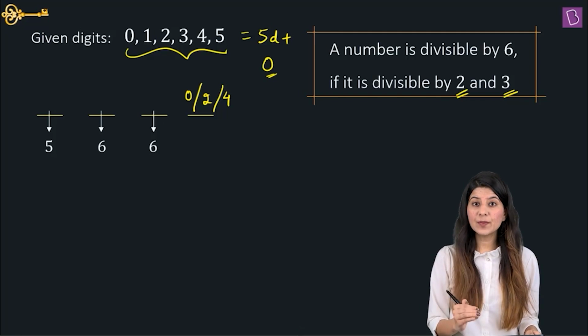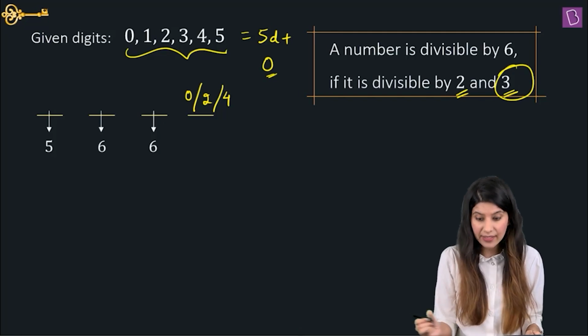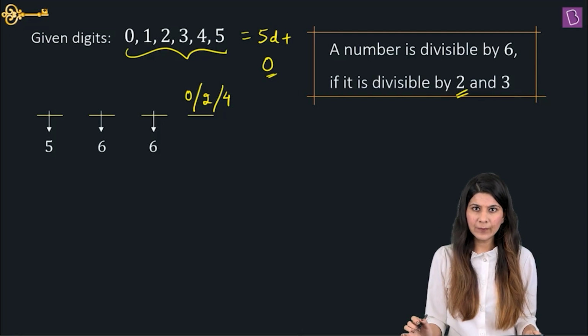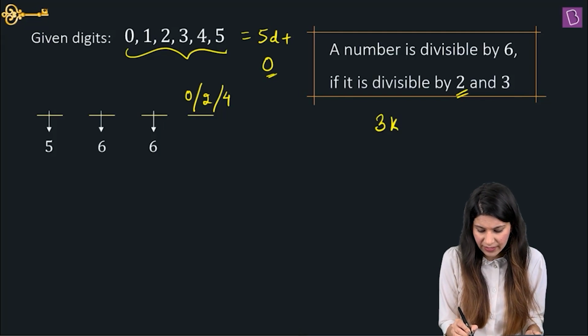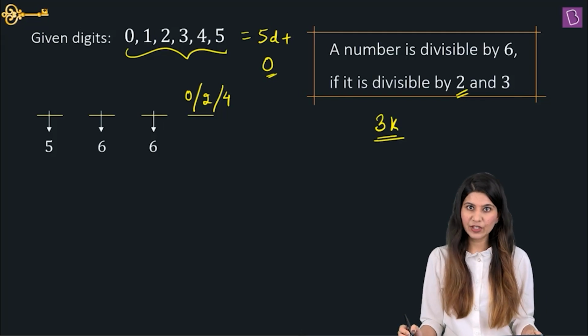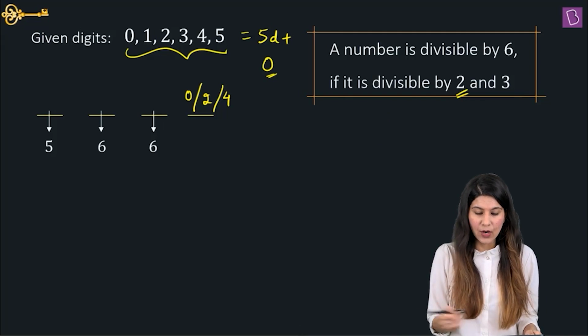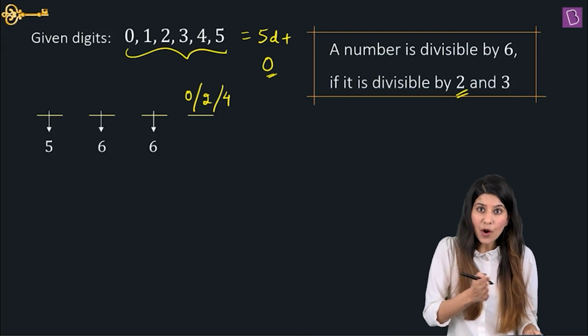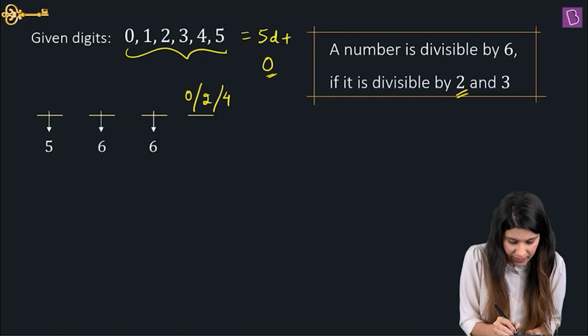Now the number should be divisible by 3 as well, which we need to figure out. A number is divisible by 3 if the number is of the form 3k. The divisibility test of 3 says that the sum of all digits should be divisible by 3.